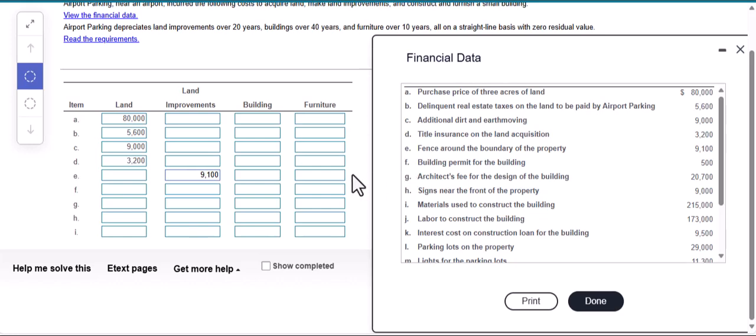And then we have F, building permit for the building for $500. And what is that part of? That is part of building because it is part of the cost of getting the building ready. So that goes under F, under building. And next we have G, architect's fee for the design of the building for $20,700. Again, part of the cost of the building.